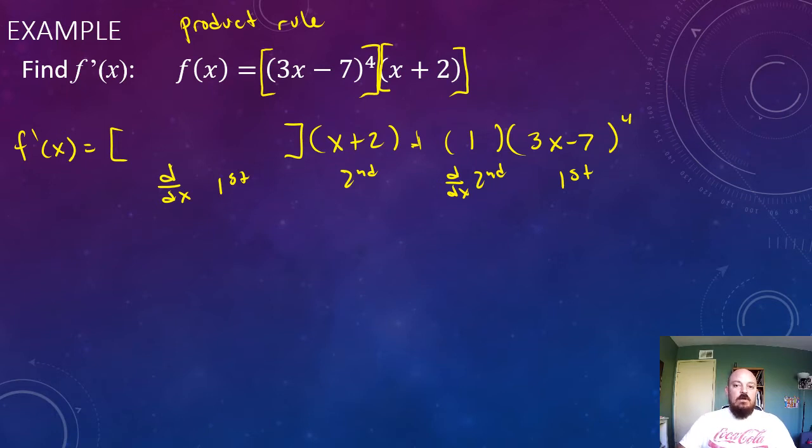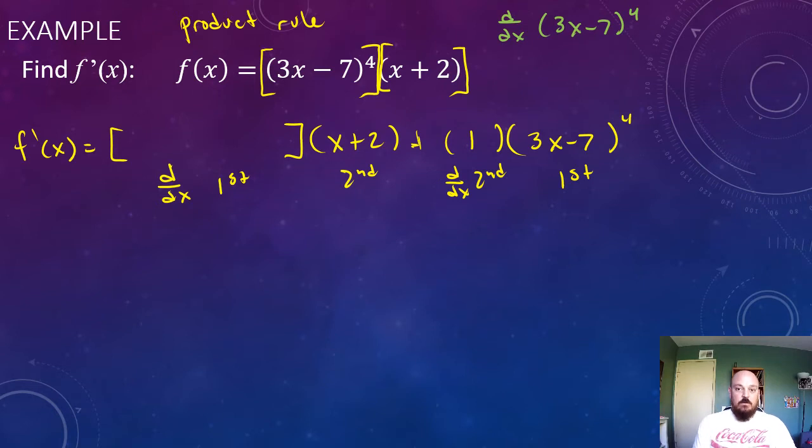So that's one of those where I might do that off to the side. I'm going to go off to the side here, and I'm going to find the derivative of (3x minus 7) to the fourth power. And then once I've done that work, I'll just put it in those square brackets right there, and I'll continue my problem.